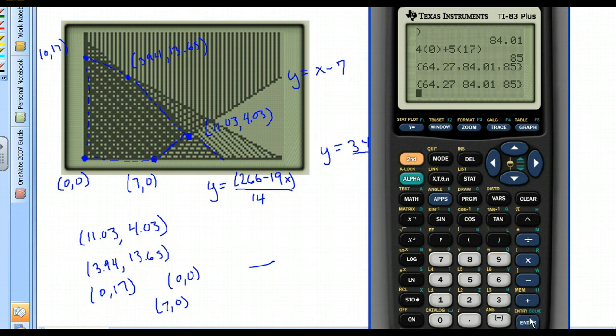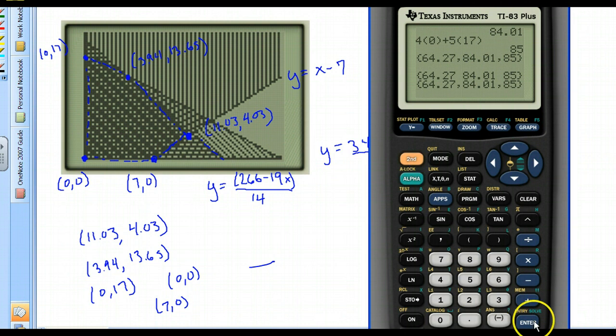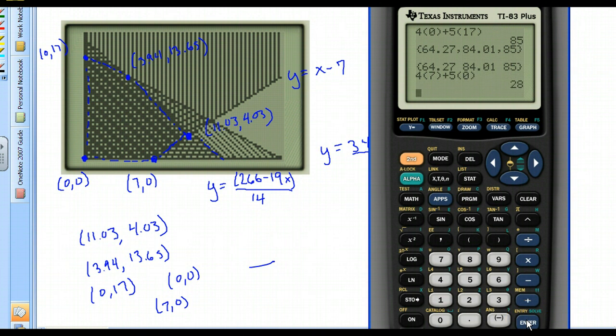Second parentheses. Alright, and then second enter 2 times to get back to the function you've been working with. Obviously 0, 0 is going to give me 0, 0, so I'm going to use 7, 0 and be done with it. Alright, 28. So there's my numbers.